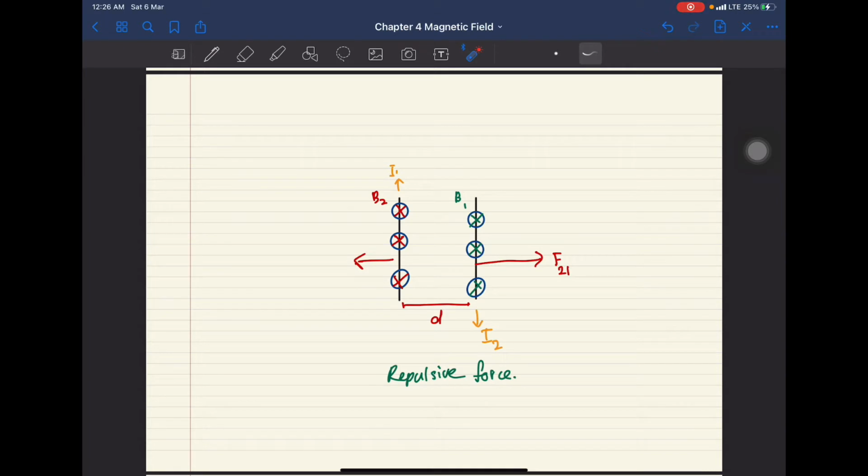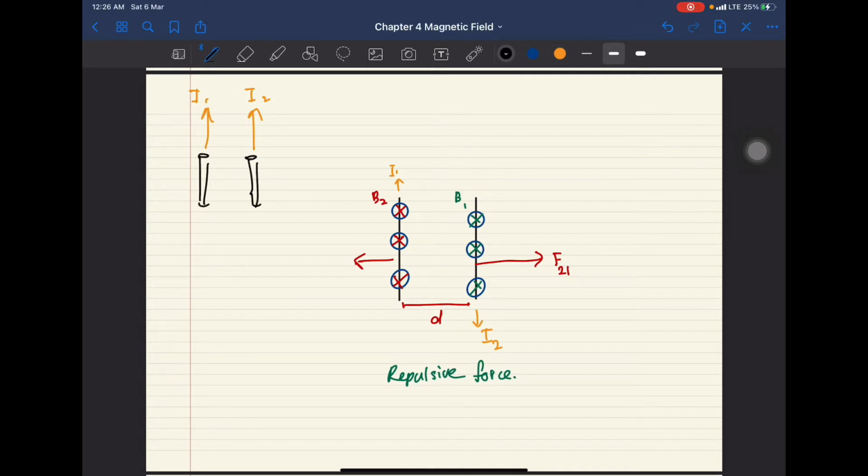On the other hand, if you have them in the same direction, let me try to draw it for you, because sometimes students miss the point here.